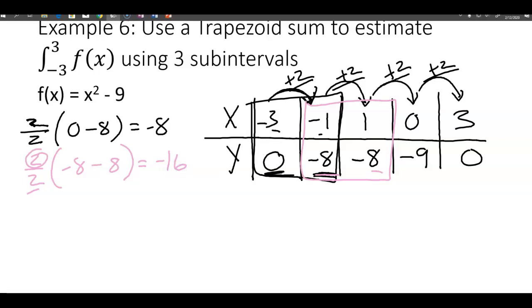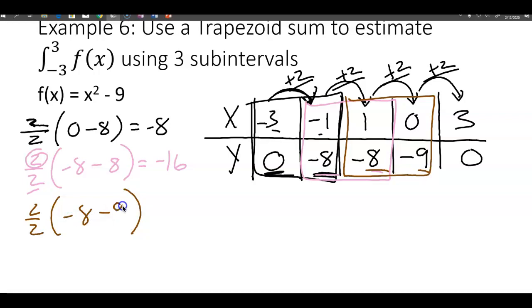My next trapezoid is the next 2 here. So once again, the height is 2. The bases are -8 and -9, which is -17.